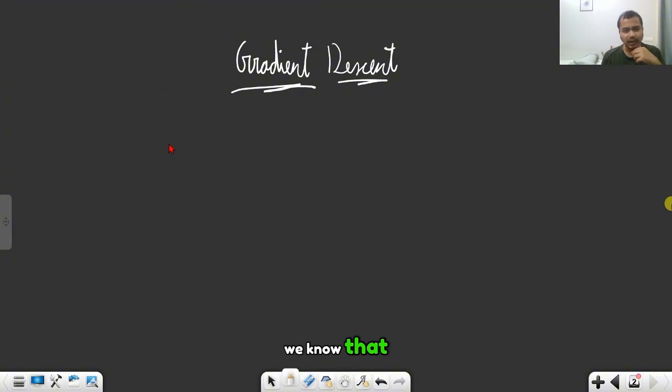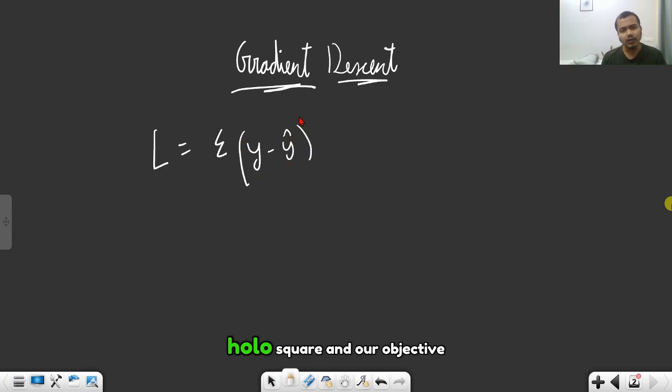Well, we know that our loss function is equal to sigma of (y minus y hat) whole square, and our objective was to minimize this loss as much as possible using differentiation.